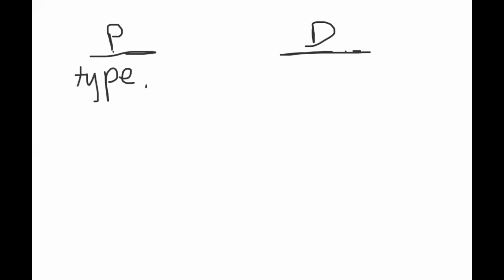The donor on this side, the patient on this side. Now we can say, if the patient has type A positive blood, then what type of blood can this patient receive? How do you solve that?